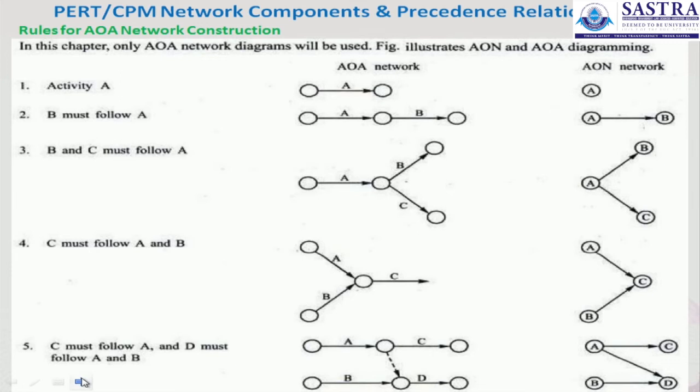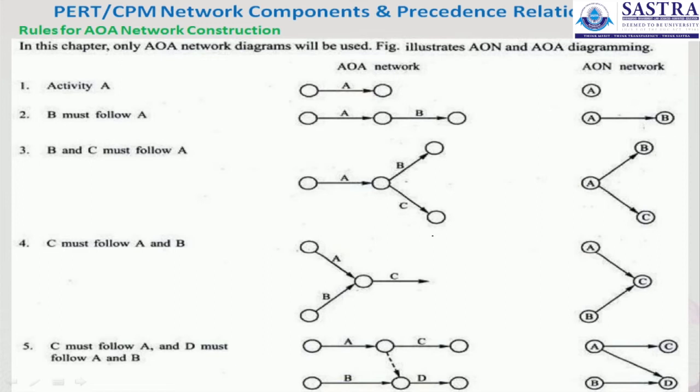B and C must follow A. The starting activity is A, but B and C must follow A. So there is a B node and a C node, the B activity and the C activity.